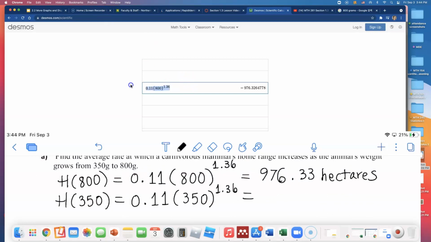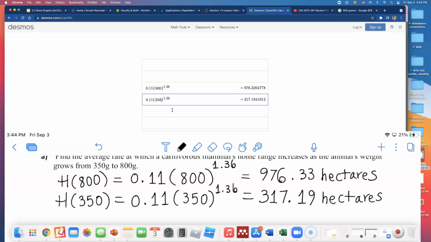And then for the slightly smaller animal, I copy this but change the 800 to 350. This animal's home range is slightly smaller: 317.19 hectares.